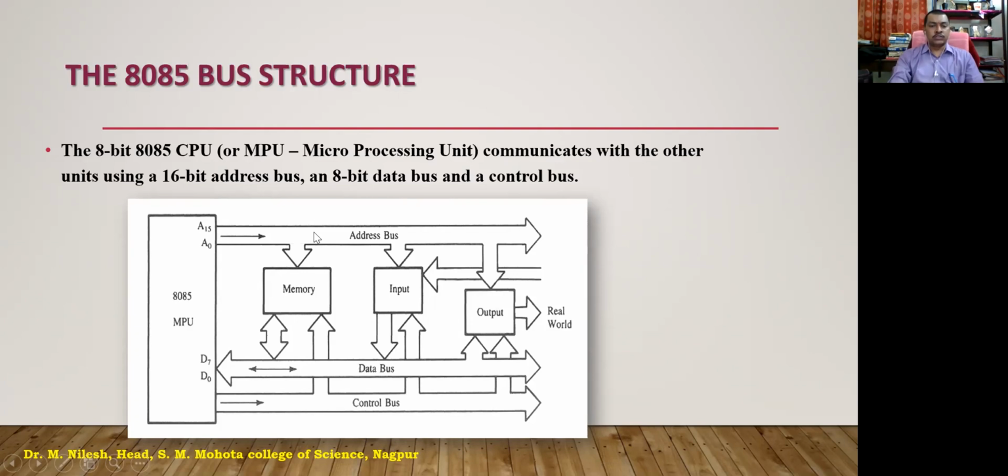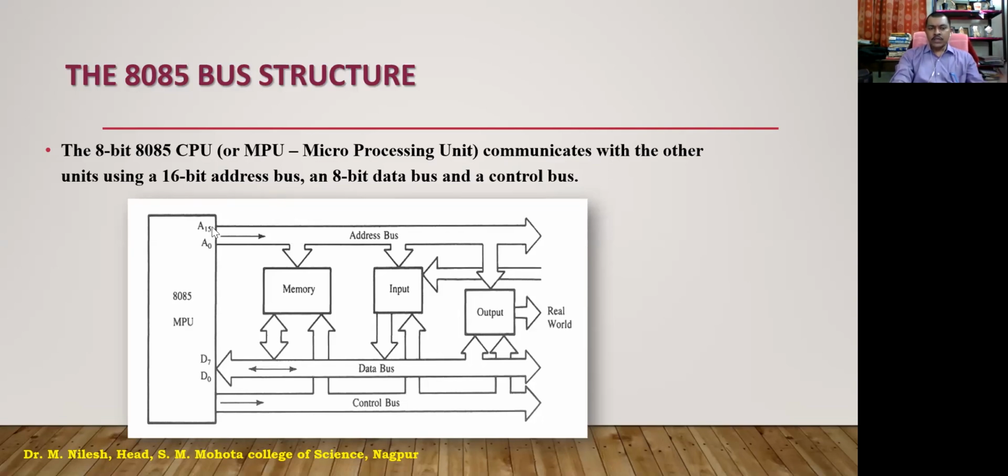As you know, the left-hand block written here is the 8085 MPU, the microprocessor unit 8085. It contains the address lines, which start from A0 and go up to A15. So there are 16 wires, a 16-bit address bus.